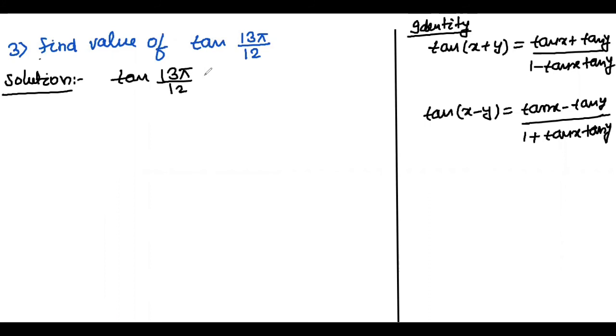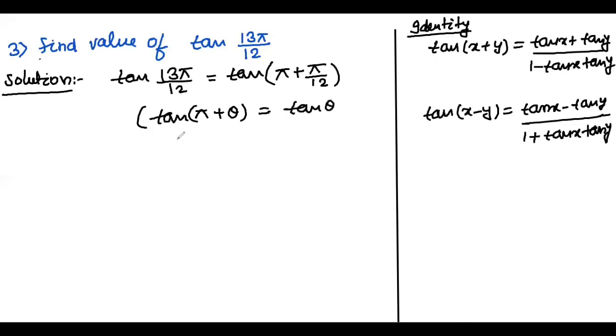We can split 13 pi by 12 as pi plus pi by 12. Tan of pi plus theta is equal to tan theta, so we get tan of pi by 12. Now pi by 12 we can split into two angles, so we can write it as tan of pi by 3 minus pi by 4.